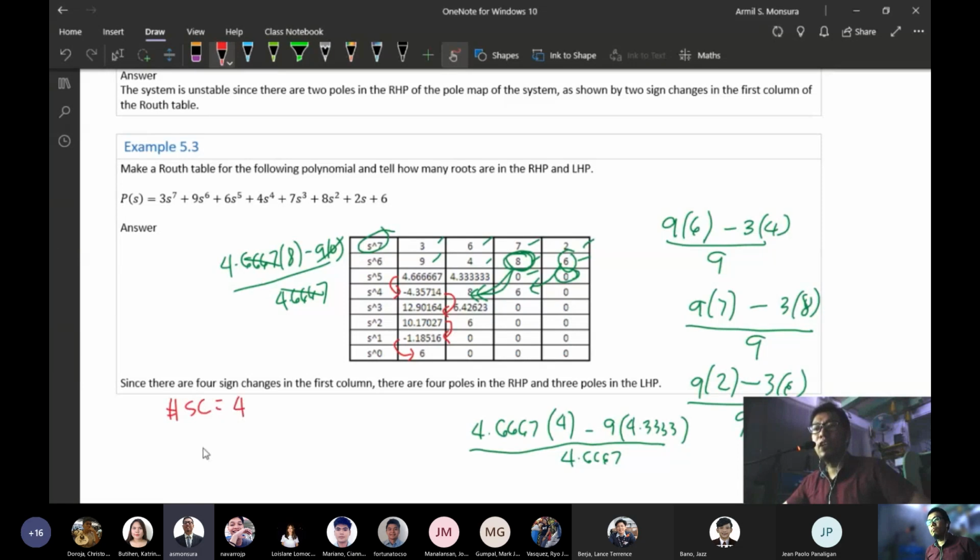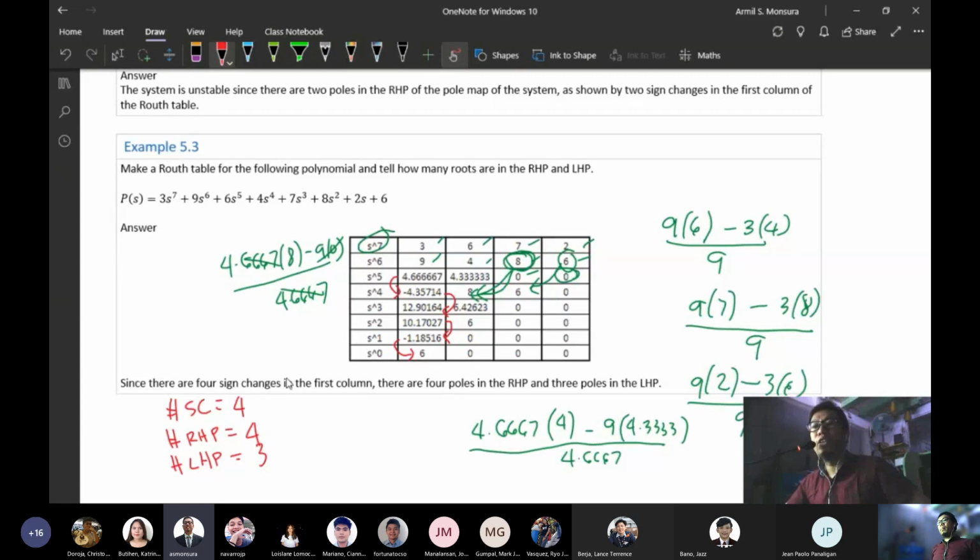Therefore, the number of poles at the right half plane would be 4. And the number of left half plane poles or roots, dito kasi polynomial na pinag-uusapan natin, would be 3, kasi 7 ito. So we are expecting na meron tayong 7 roots. Okay, so yung 4 doon nasa kanan, yung 3 nasa kaliwa.